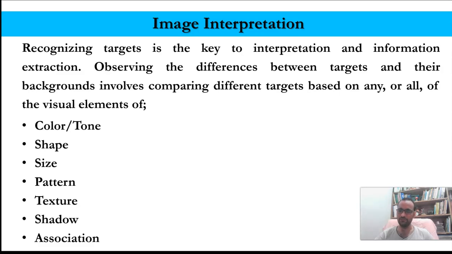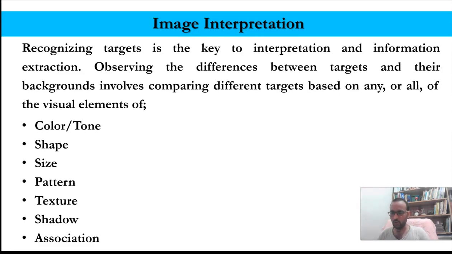So that's how we have some interpretation elements, visually you can say. First we go for color, or tone, then shape, then size, then pattern, then texture, then shadow, then association. Some objects you need to understand by association.